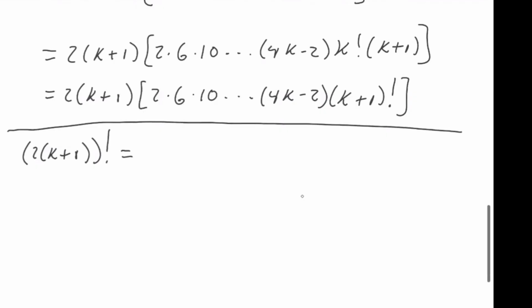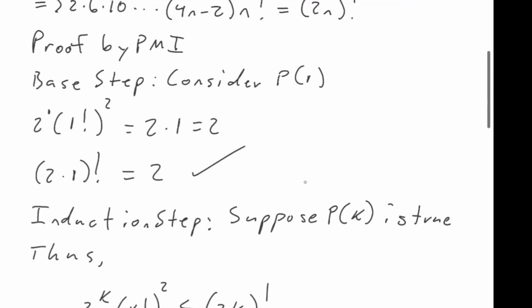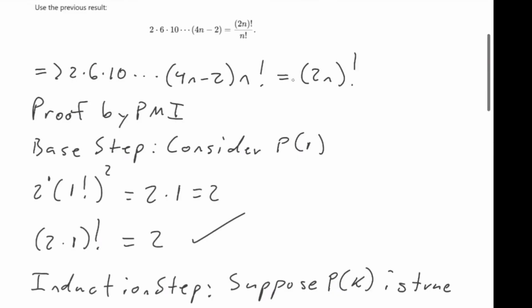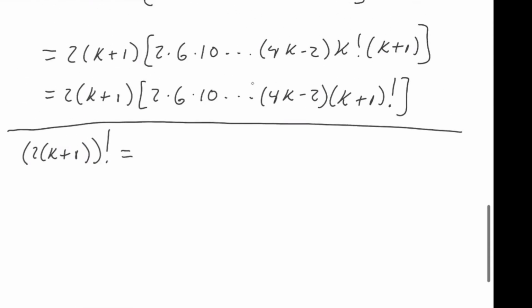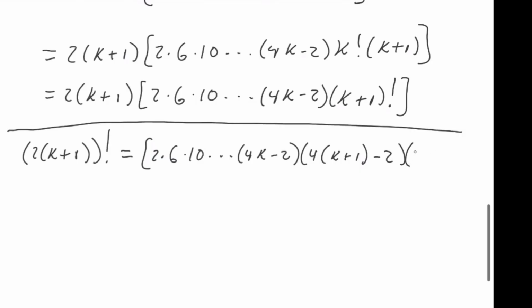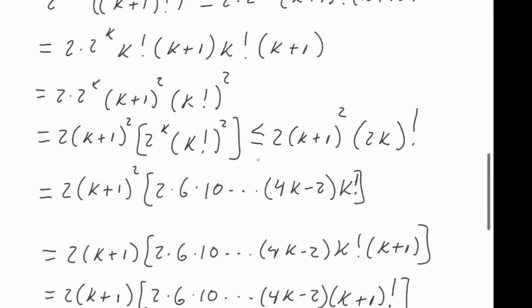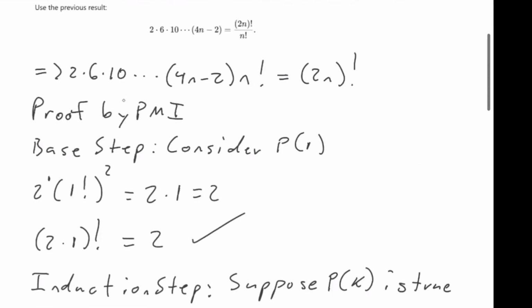Remember, this equality is good for any n bigger than or equal to 1, so k plus 1 is bigger than or equal to 1. So I know this is going to be equal to 2 times 6 times 10, dot, dot, dot, 4k minus 2, and then the next term, 4 times k plus 1 minus 2, times k plus 1 factorial. So I know this is true from this equality here.